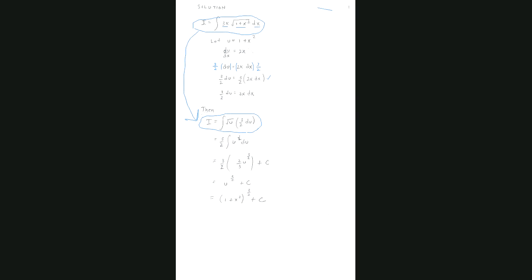Okay, well now we can find the antiderivative of this new integral. It isn't really a new integral. It's an integral with respect to u. The integral of 3/2 root u du is the same as the integral of 3x times the square root of 1 plus x squared dx.